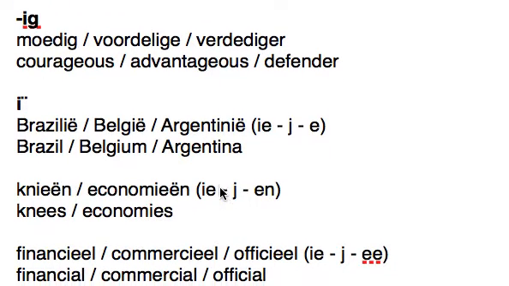When we add a G just after the I, we're not going to pronounce it as an E, but as an E. As in moedig, voordelige, verdediger. Alright, so not an E, but an E.